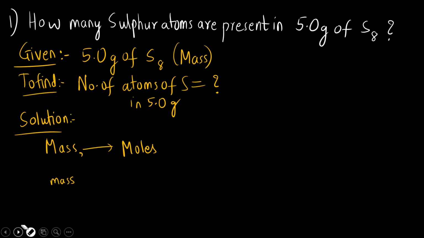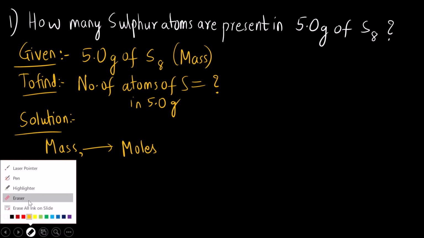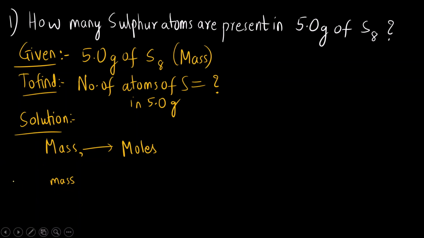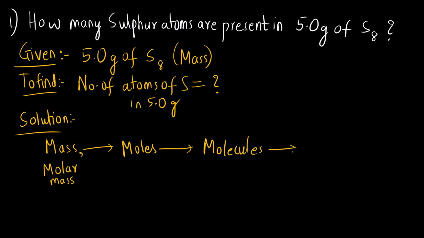We have to know the molar mass so that we can find out the number of moles. And after finding the moles, we can find the number of molecules. Then using the number of molecules, we can find out the total atoms.